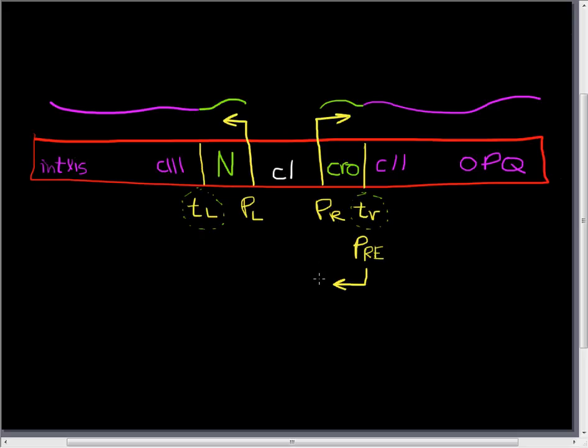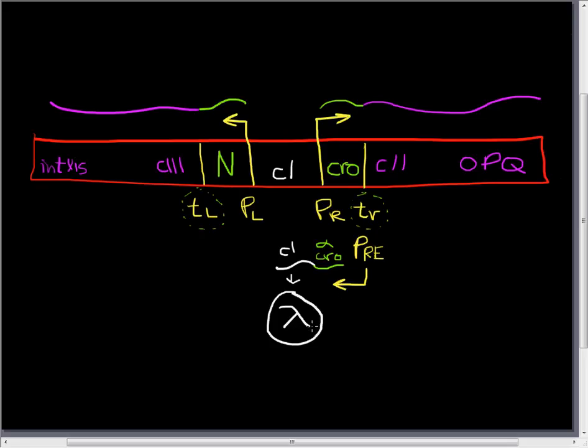So here we've got our C1 transcript and our anti-CRO transcript. And here's C1. The C1 protein is known as the lambda protein. And enough of this lambda protein around allows the cells or the bacteriophage to undergo the lysogenic cycle.